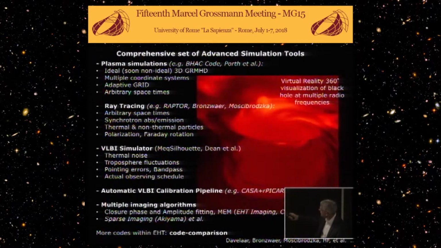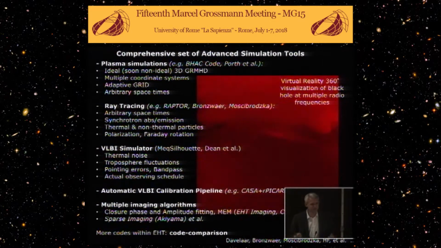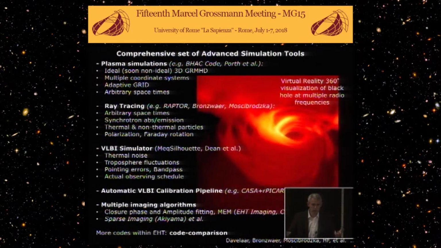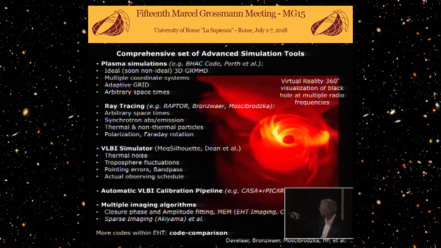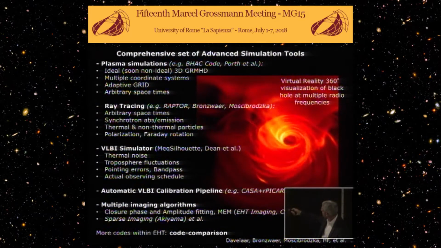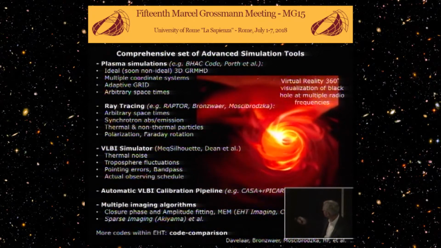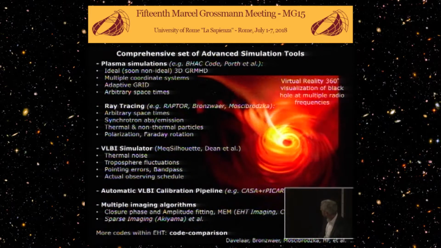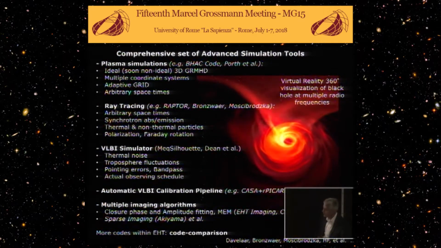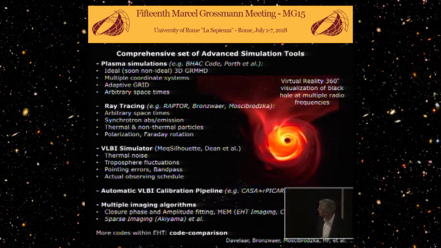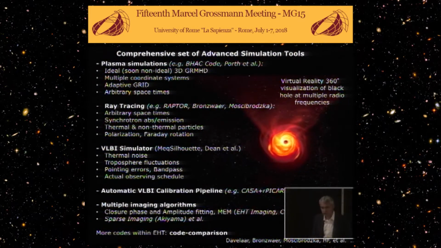Then we have VLBI simulators. You want a detector simulation. You want to predict what your VLBI array, your interferometer, will actually see. And there's a recent development from Roger Deane, who works with us, he's actually in South Africa, which has a lot of physical effects: tropospheric fluctuations, pointing errors of the telescopes, the actual observing schedule you feed in.